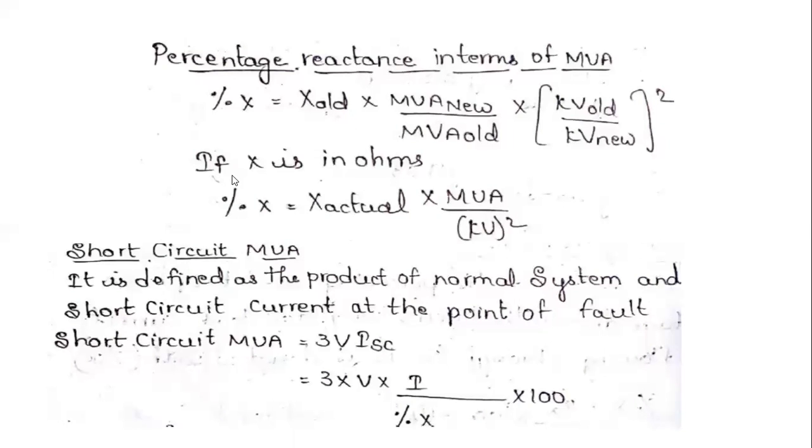If the reactance value is considered in ohms, we use percentage X equal to X actual into MVA by kV square. Next, short circuit MVA is 3 into V into I by percentage X into 100.